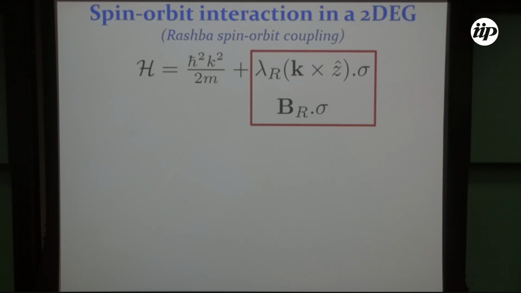There is one very important spin orbit coupling, which illustrates the essential features for spin dynamics, the so-called Rashba spin orbit coupling in a 2-dimensional electron gas. So the Hamiltonian is simple. You have this parabolic term for free electrons, and you have this Rashba term with this symmetry. So you can rewrite it as a magnetic field that depends on the momentum direction.